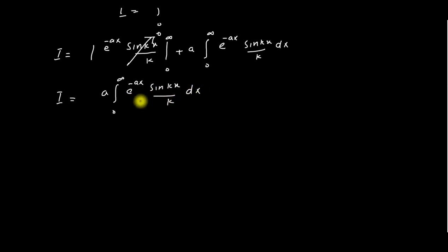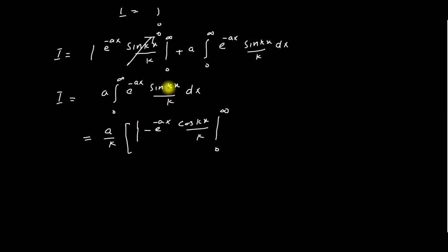Now again I have to integrate this one, and after integration we will get a divided by k into minus e to the power minus ax cos kx divided by k, with limits from 0 to infinity.